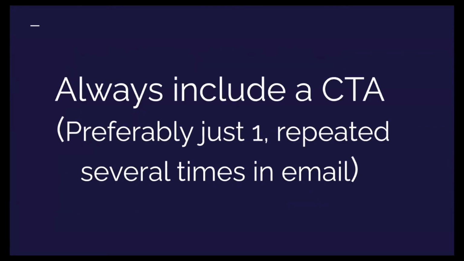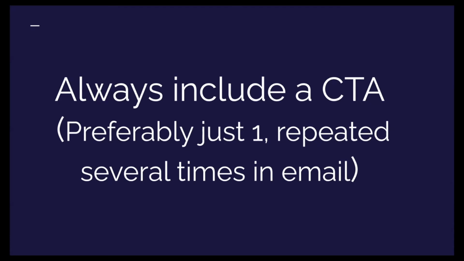Always be sure to include a CTA, that's the call to action, in your email. Use just one link in your email for people to go to, and repeat that CTA several times in your email. The CTA should be presented at the top of your email, right at the top, in the middle, and then again at the bottom of your email.